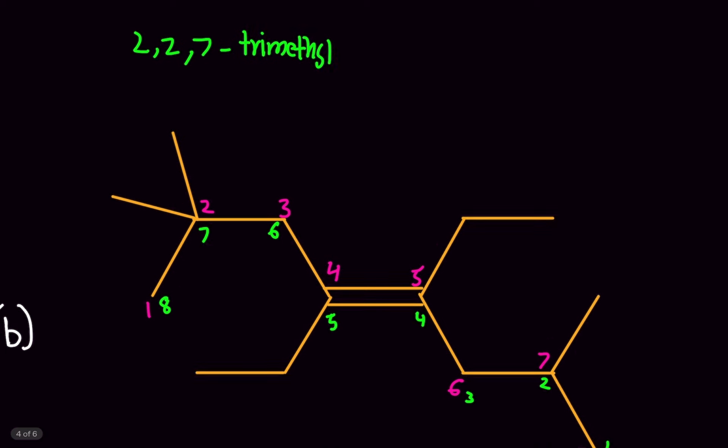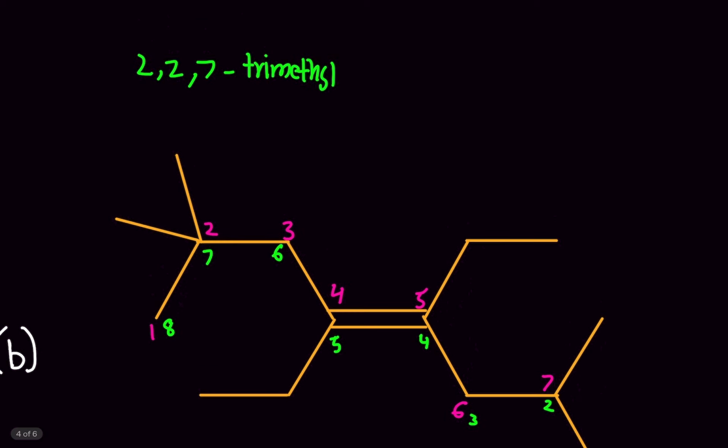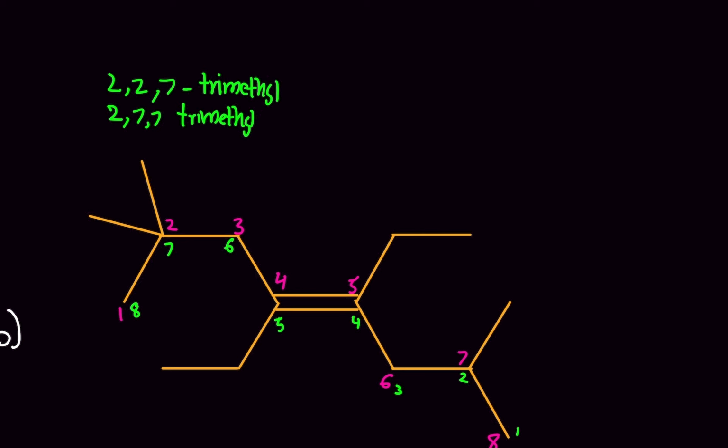Or if I do it the other way, it would be 2, 7, 7 trimethyl. If I were going off the numbering from right to left, 2, which is here, then the 2 methyls here on carbon 7, trimethyl. This is why we cannot have that.